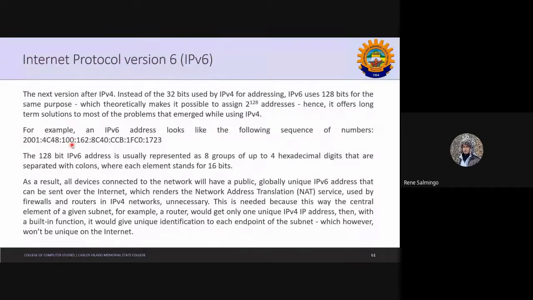Like this one, 100. So when you call hexadecimal, you call it by each digit. You shall not say this is one hundred, because this is hexadecimal. You say 100 hexadecimal.